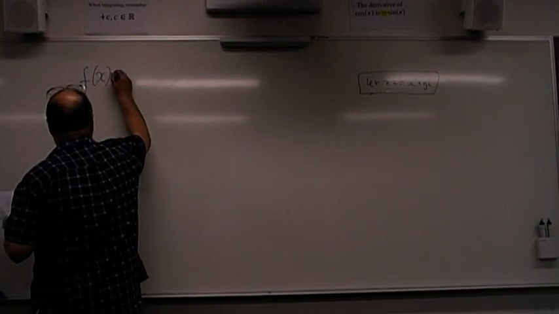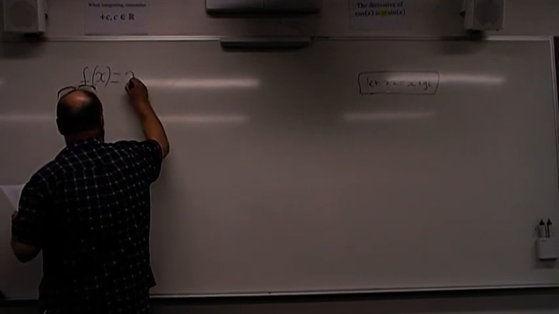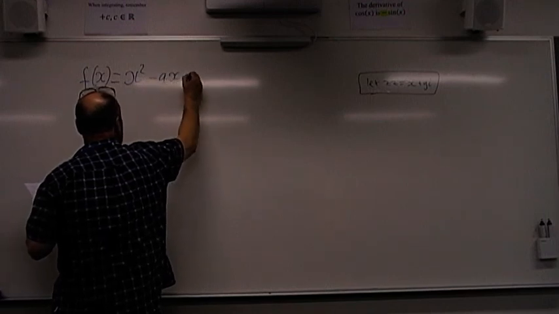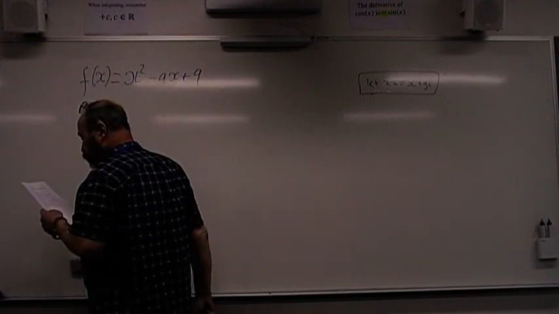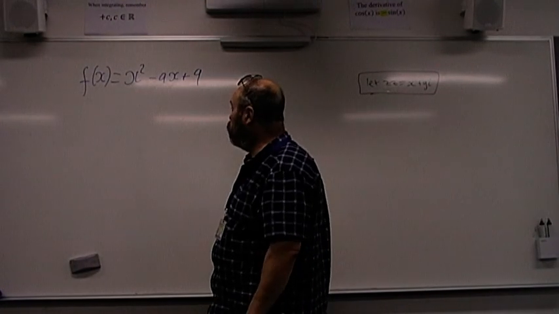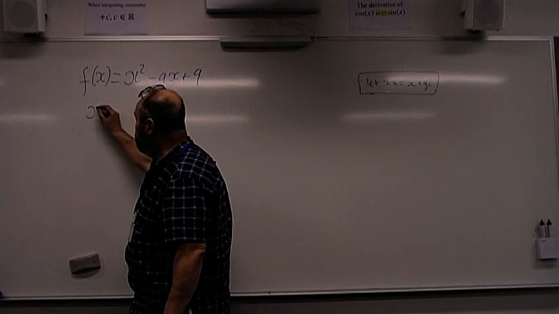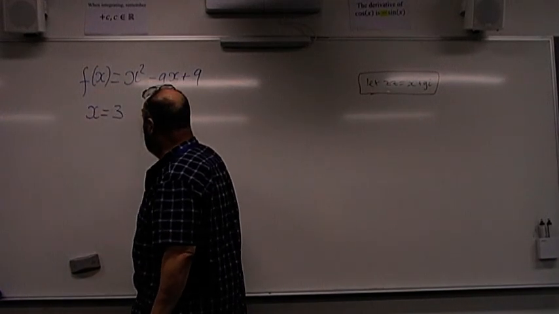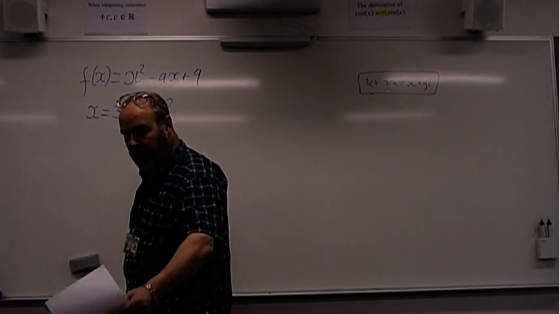We have the function f of x equals x squared minus ax plus 9, and we know that it has a stationary point at x equals 3. The question is, what is a?